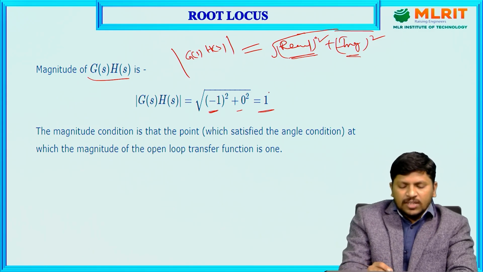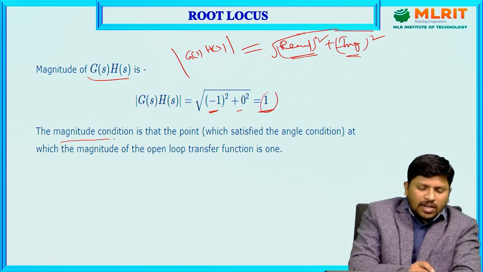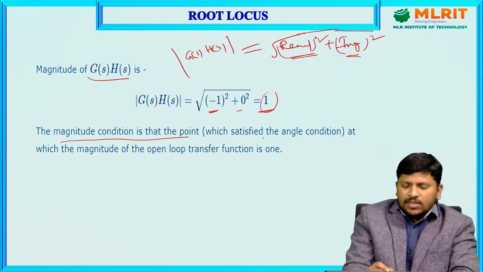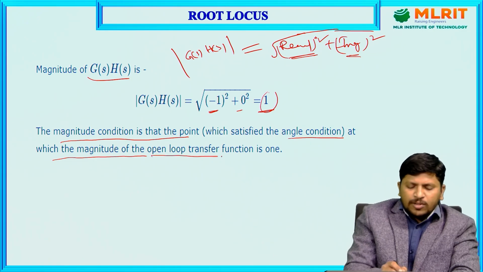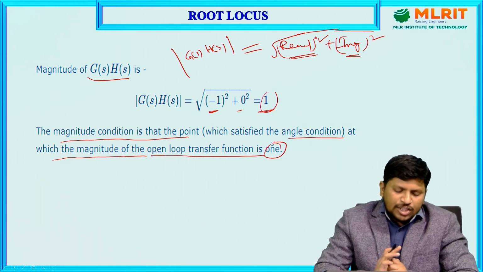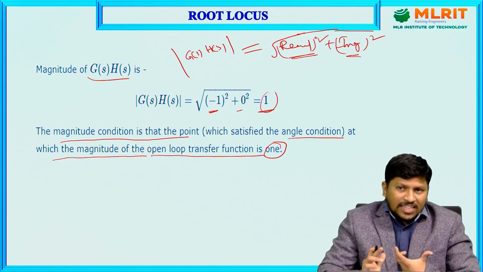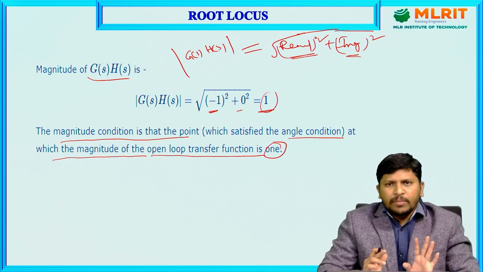So the magnitude is 1 and the phase angle is 180 degrees. The magnitude condition is that the point which satisfies the angle condition, at which the magnitude of the open loop transfer function is 1. When the angle condition of 180 degrees is satisfied, the magnitude equals 1. So you can remember this one.